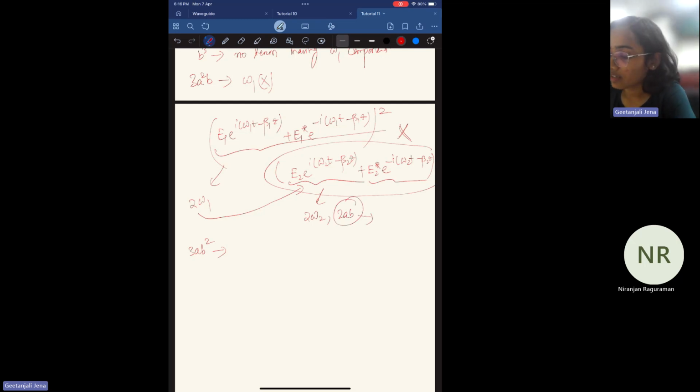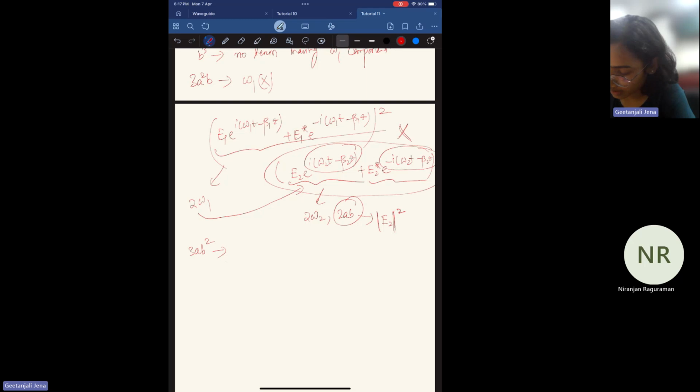For 2AB, these powers will cancel. So we'll get a DC term, that is, no frequency component. This term will give E2 squared. So for 3AB², this part will have no ω, and from the A part we will have an ω term.